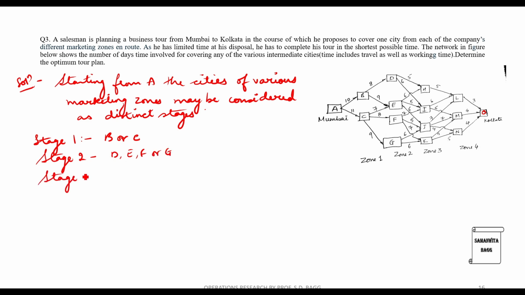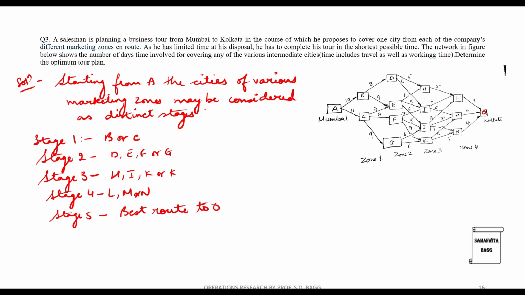Then stage 3 is going to H, I, J, K, any one of them. Stage 4 is going to either L, M or N. And stage 5 is the best route to the destination O.